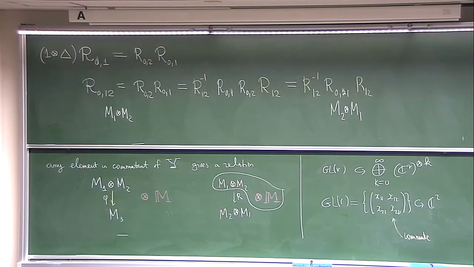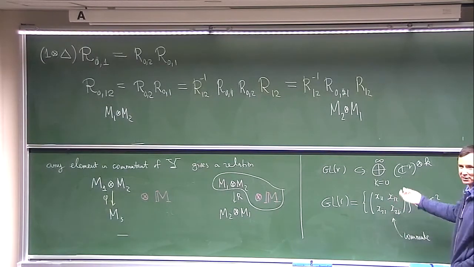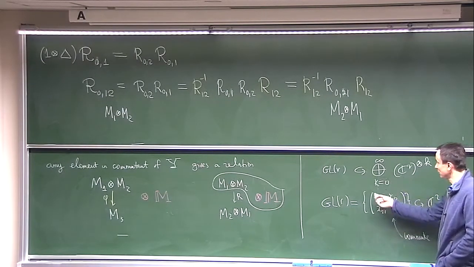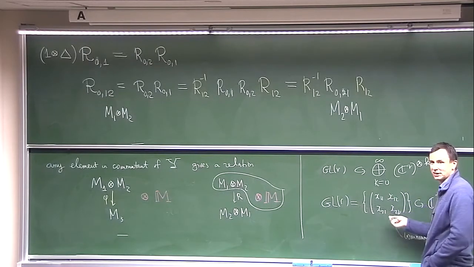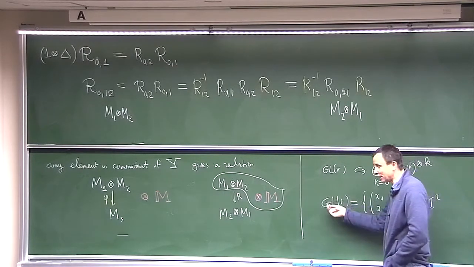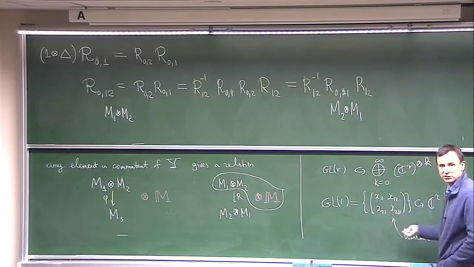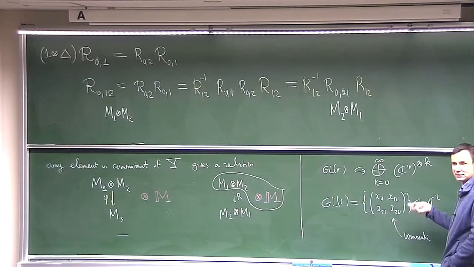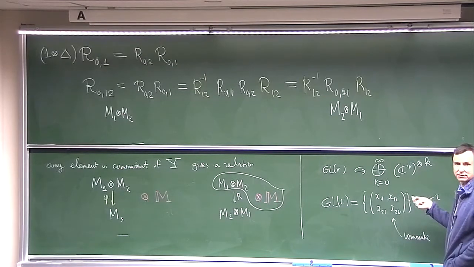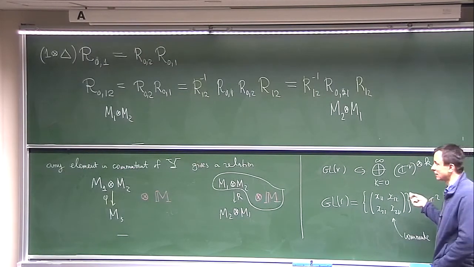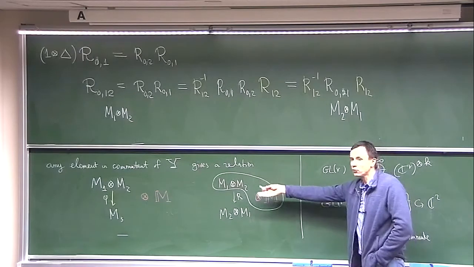In general, there's a statement going back to Hermann Weyl that if I have an algebraic group and I want to describe its image in a representation, this is the same as being able to decompose all tensor powers of the representation. And this is a deformed version of that.